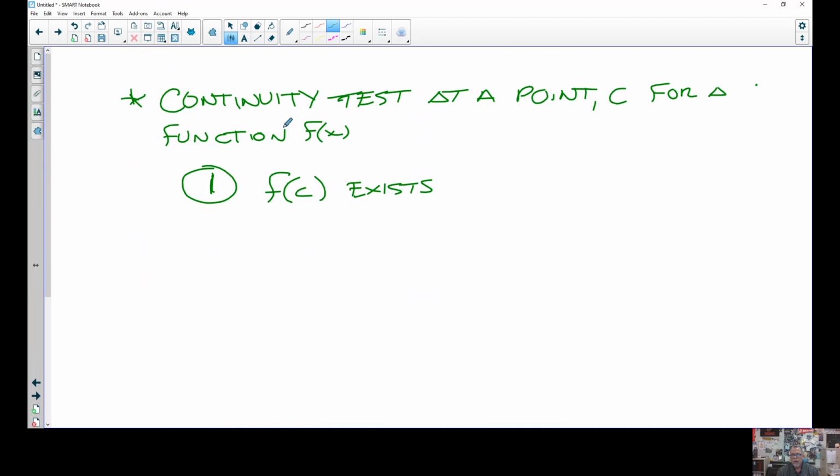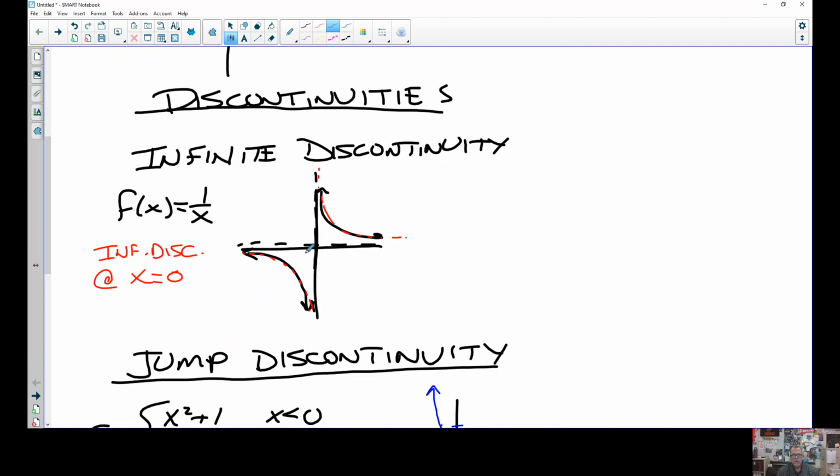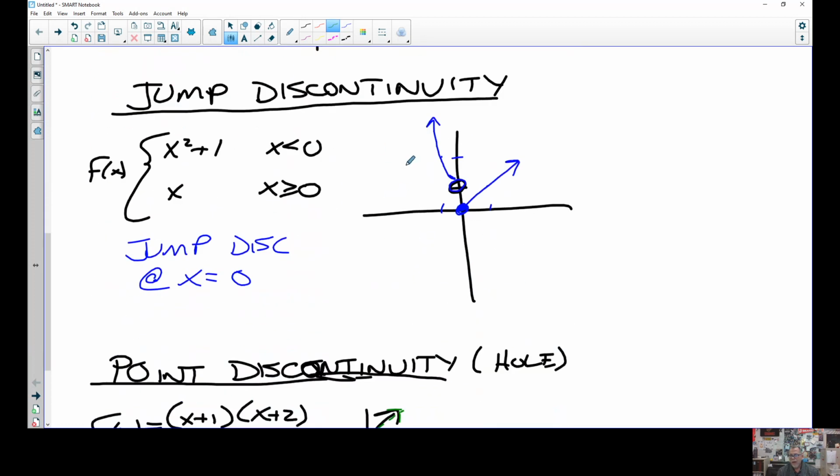So if I'm looking at this function, investigating at x equals 0, the first thing I'm going to say is, is there a value at 0? And I would have to say no. So it would fail the first test. f of x equals 1 over x would fail immediately, and I just write fail and be done. This one would have a value.